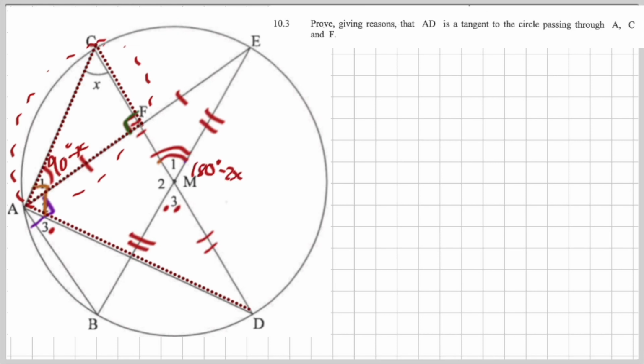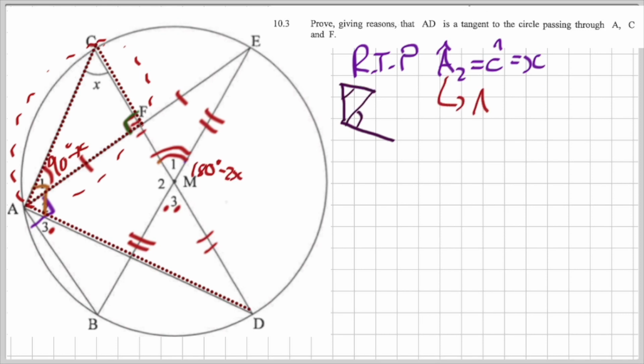But how do I do that? That is the important thing. So how do I do that? By proving that A2 is equal to C. Why is that? Remember Theorem 9's converse says that if that angle there that I am double highlighting is equal to that angle inside, then it is a tangent to that imaginary circle.